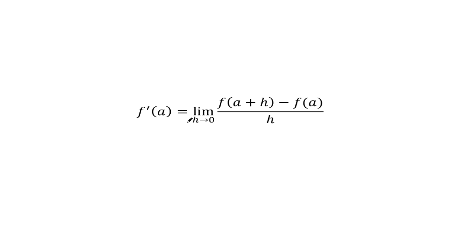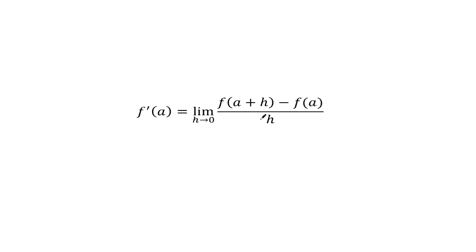So f prime at a, the derivative of f at a, we can define to be the limit as h approaches 0 of f of a plus h minus f of a all over h. The derivative tells us the rate at which f is changing with respect to x at the point a.